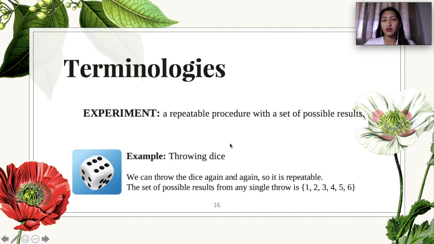An example is throwing dice. As you can see, we can throw the dice again and again, so it is repeatable. The set of possible results from any single throw is 1, 2, 3, 4, 5, and 6. So if that is a repeatable procedure that has a set of possible results, then that activity is an experiment.